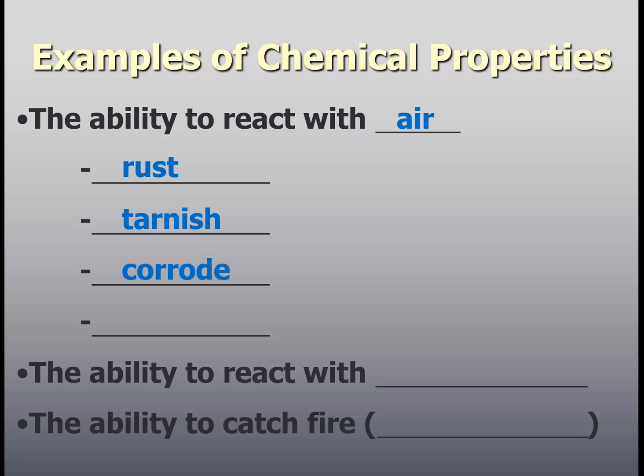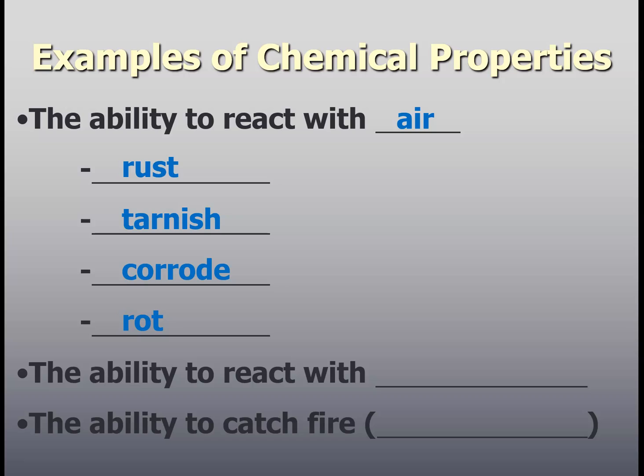Corrode. You can see corrosion on vehicles, when you introduce salt and water to a metal, we can get corrosion. And rot. Rot is when you mix air and moisture with wood or paper.